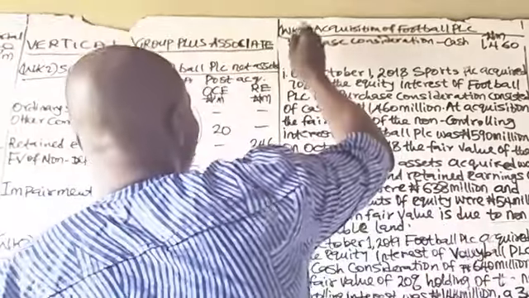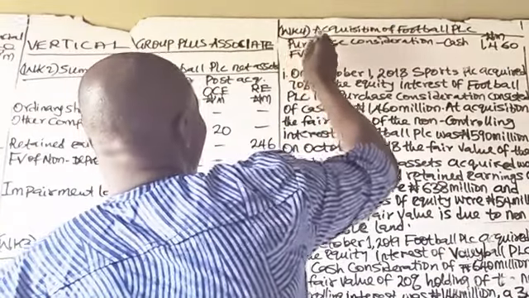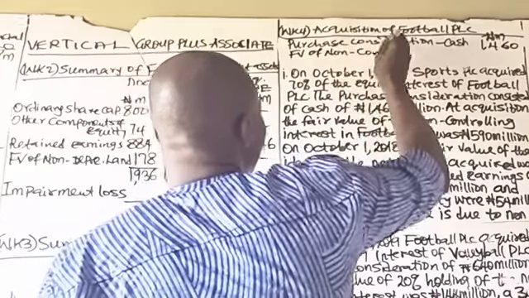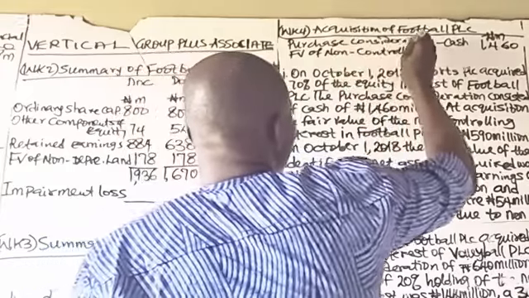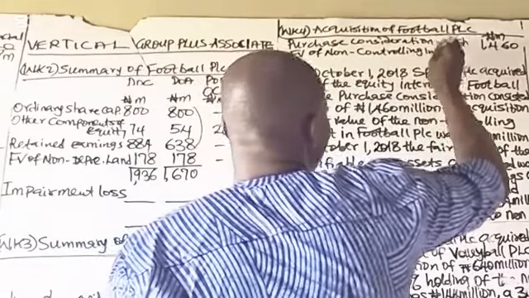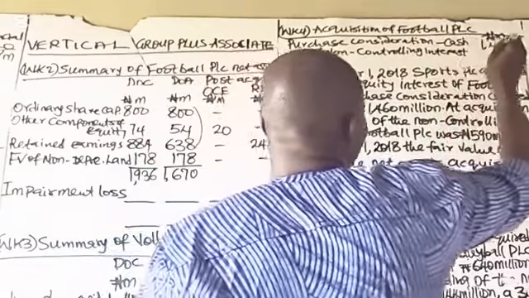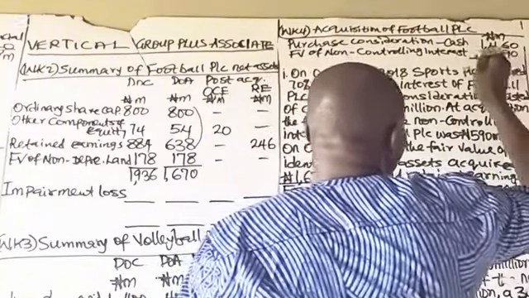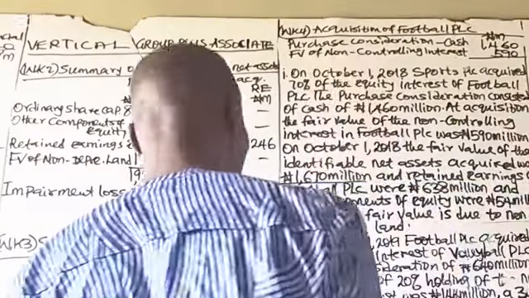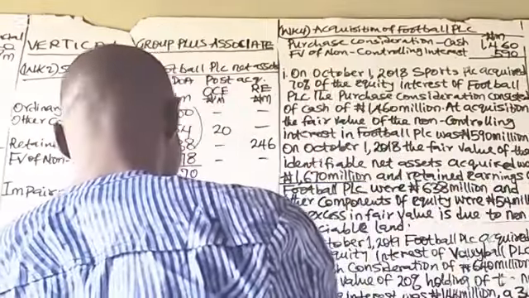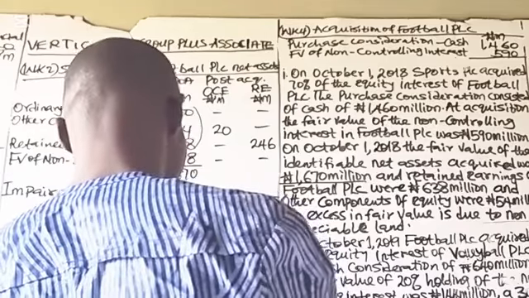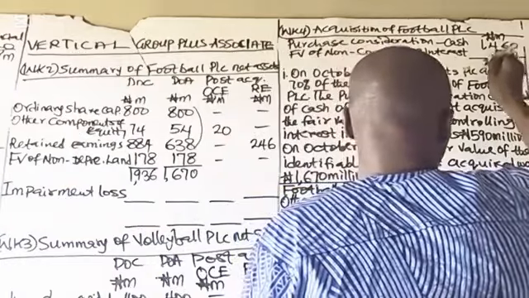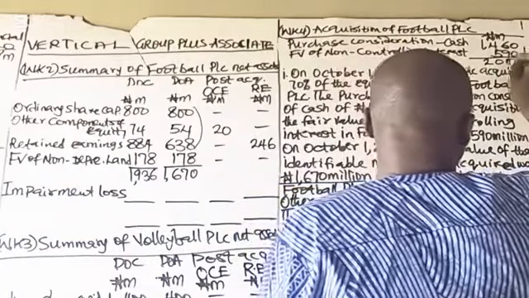So we have fair value of non-controlling interest, and that amounted to 590 million. By the time you sum them up, 1,460 plus 590 totals 2,050.